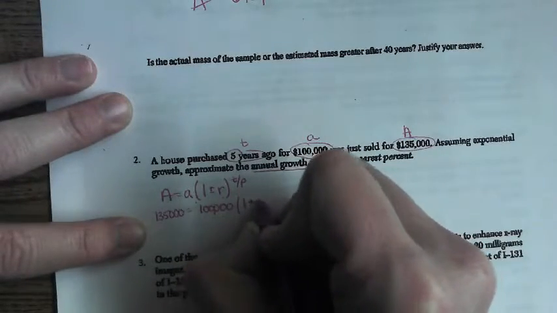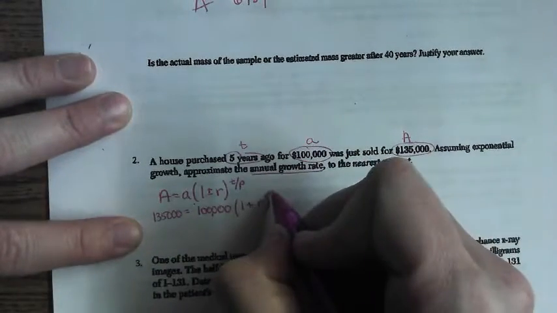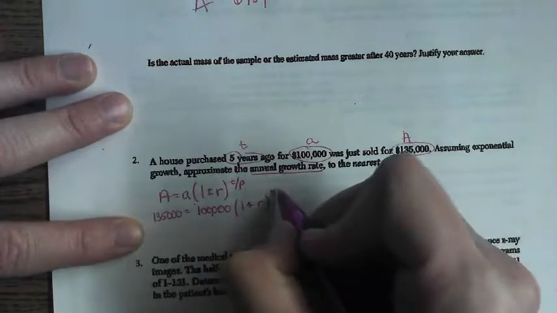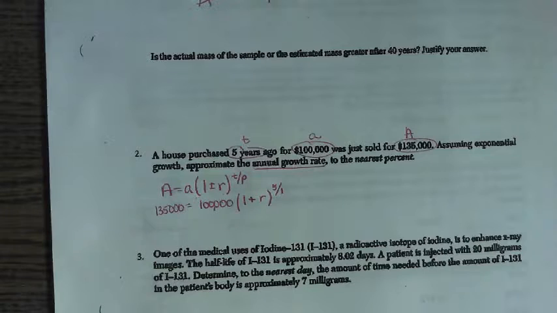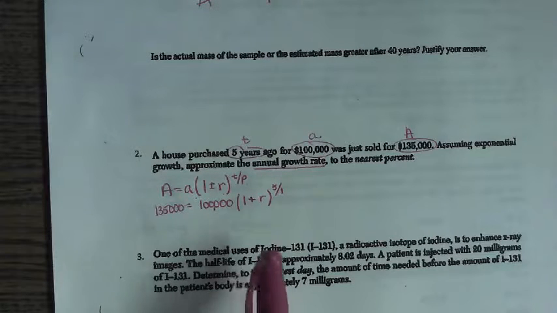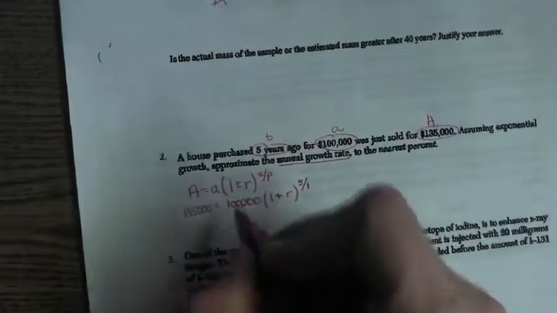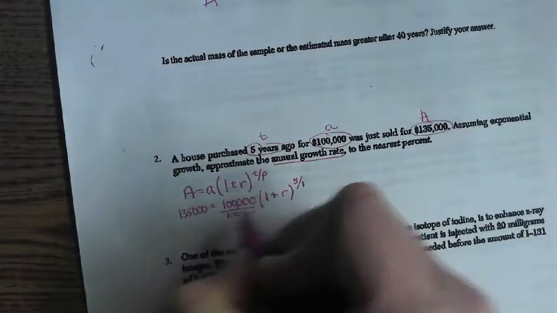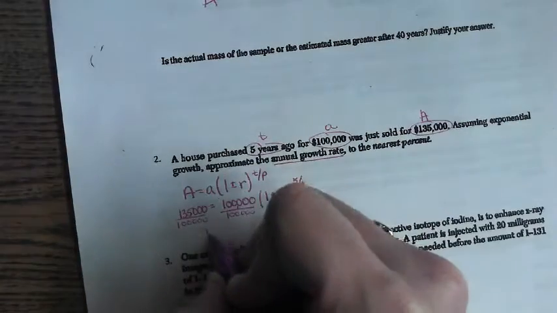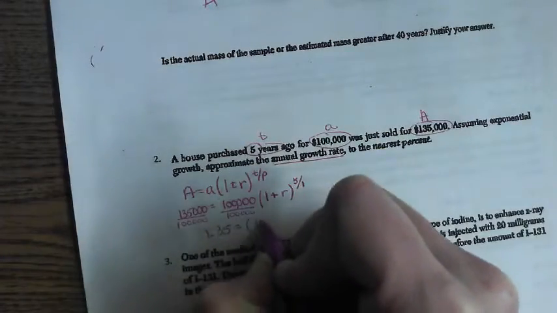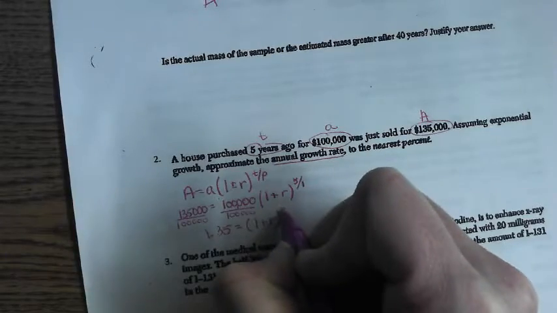Increased in price. And that took 5 years for that to happen, and we're looking for the annual growth rate. So we're just solving for R here, which is not an exponential equation because the R is not in the exponent. We just need to get that all by itself. So we still need to get rid of the 100,000 first, which will give us 1.35 equals 1 plus R to the 5th power.